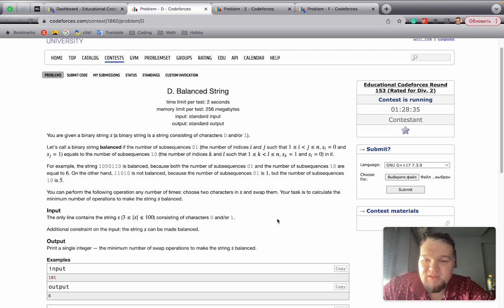You can perform the following operation any number of times: choose two characters and swap them. The task is to calculate the minimum number of operations to make the string S balanced. Additional constraint on input: the string S can be made balanced. Yeah, it wasn't clear if it is always possible to do.